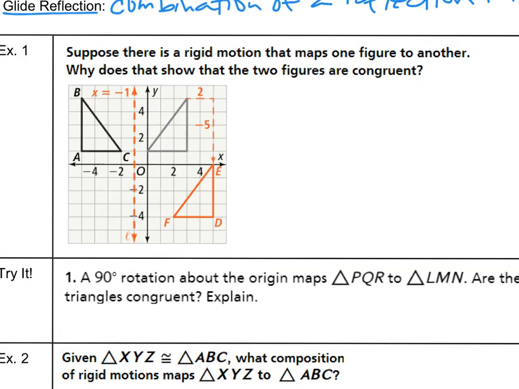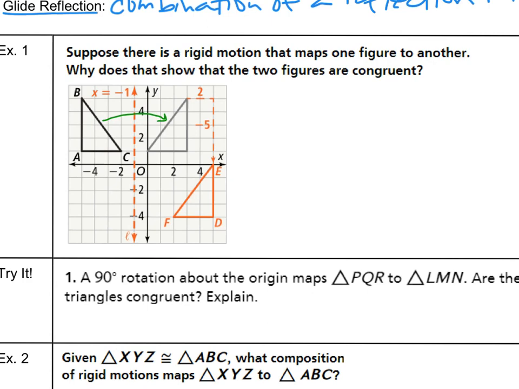Suppose there's a rigid motion that maps one figure to another. Why does this show that the two figures are congruent? Well, let's see what's happening here. Notice triangle ABC. The first thing it's doing is reflecting over that orange dashed line to that gray triangle.